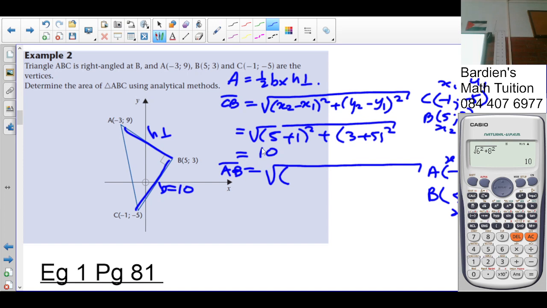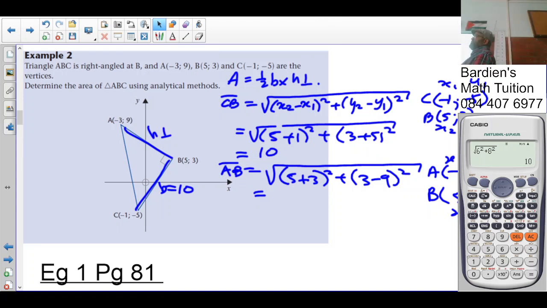So it's going to be x2, it's not going to make a difference in this case, no? Because it's being squared. 3 minus 9. But when it comes to gradients and midpoints, it doesn't make a difference in midpoint as well. But the gradient is where the learner normally misses it out. Okay? So it will be 3 plus 5 is 8, so it's 8 squared plus 6 squared, or negative 6 squared. It's also 10. Can you see that, people?